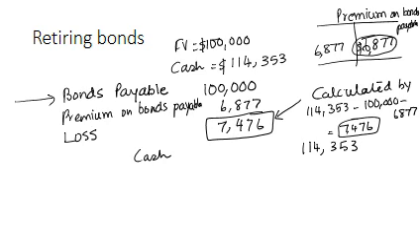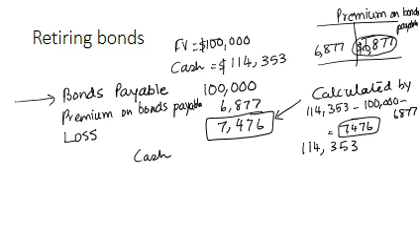So in order to retire a bond, you should know how much cash was paid to retire the bond, what is the face value of the bond, was it a discount or premium bond, and what is the balance in the discount or premium, and then the balancing figure is the profit or the loss.